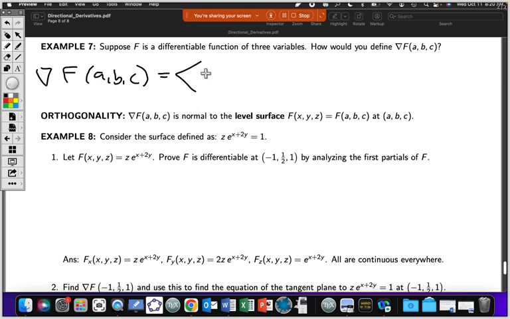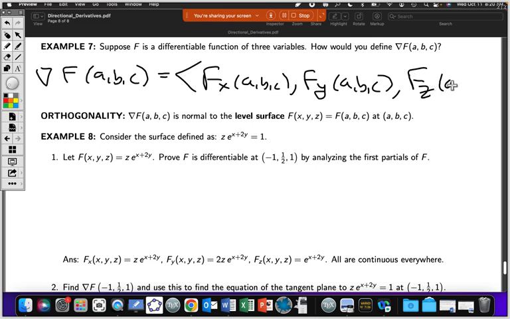Yep, fx. Just like before. What would go in the y component? Fy. And as has been the tradition here in Calc 3, we understand what's going on with two variables. For the third, we just slap on a what? Just slap on that z. There it is.